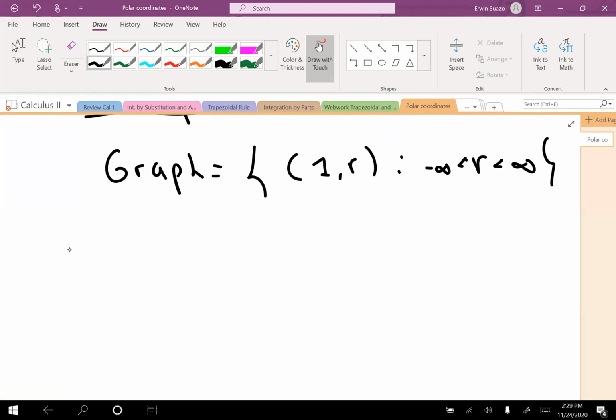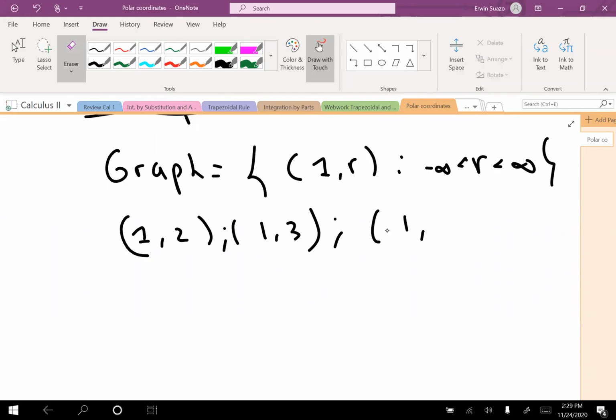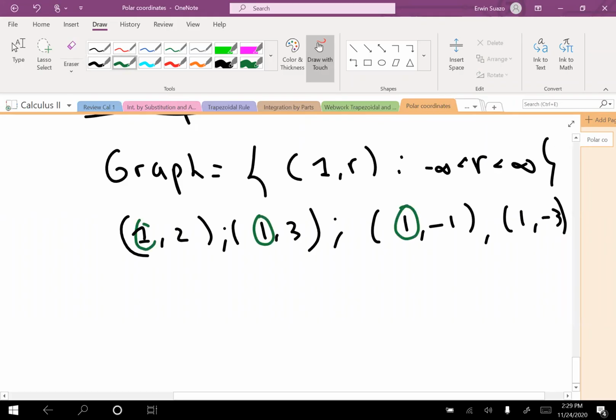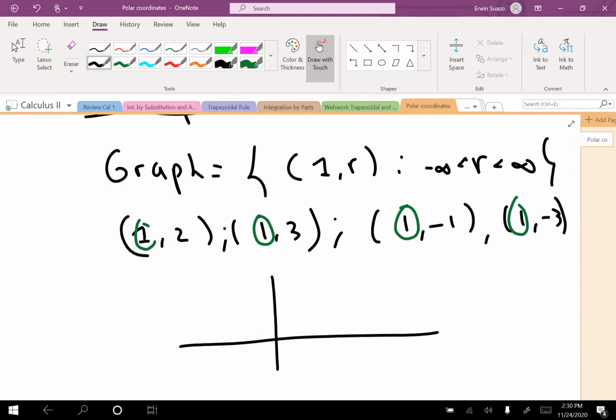So for example, all these points, 1, 2; 1, 3; 1, minus 1; 1, minus 3, all those points belong to the graph, because what is important is that the first coordinate is 1. Let's graph those. The first one is 1, 2.